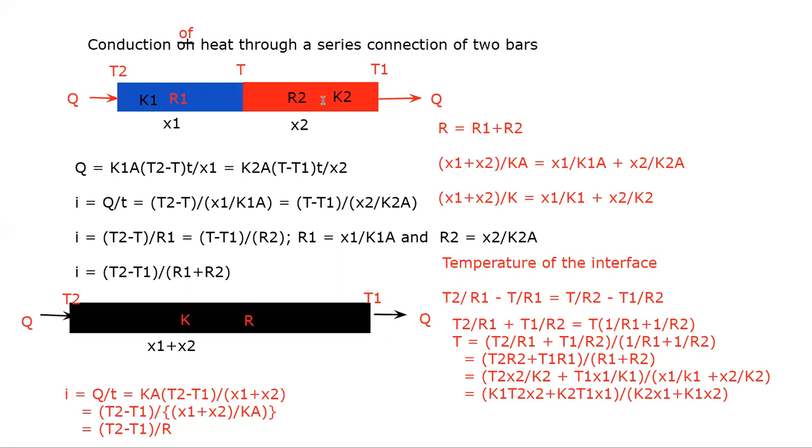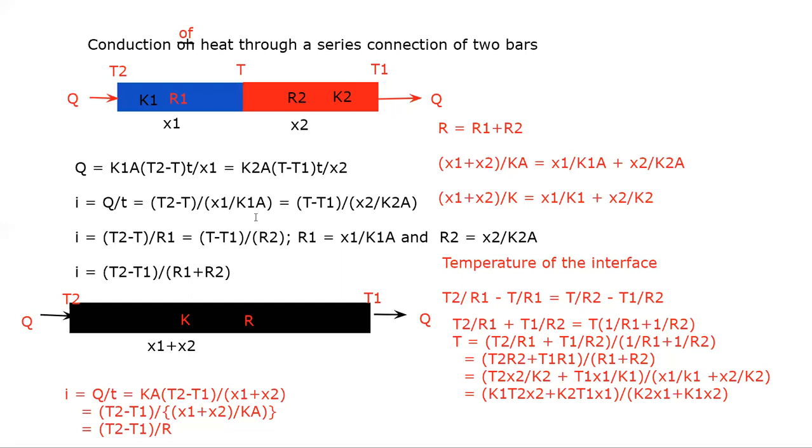The reason for taking K1A and K2A in the denominator is that we want to find the thermal resistance, or we want to draw an analogy to the normal current that flows in an electrical circuit, which is I equal to the potential difference divided by the resistance. So T2 minus T acts as the potential difference, and R1 and R2 are analogous to the electrical resistance.